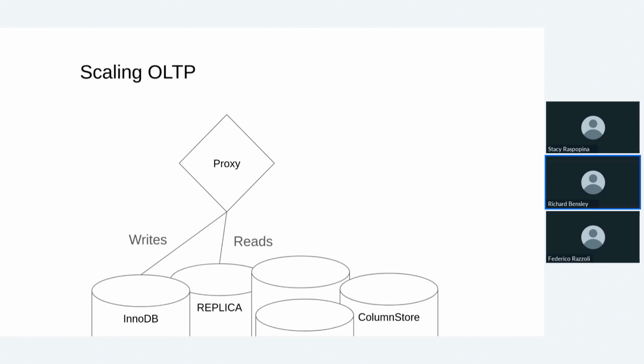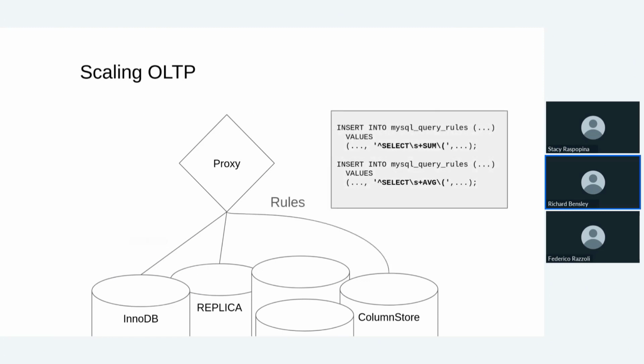And that's where things like MaxScale and ProxySQL will allow you to write rules to be very specific about this query goes here. And in this case, I've been a bit aggressive, and I said anything with an aggregate query in here, so select something sum, or select something average, is going to the column store. Like I said, it's a bit aggressive, but you can absolutely make sure they go there.